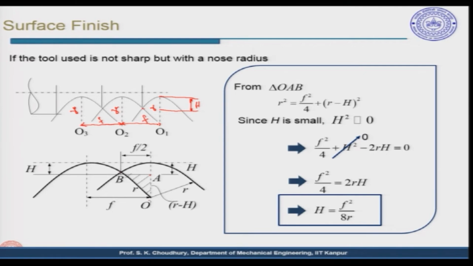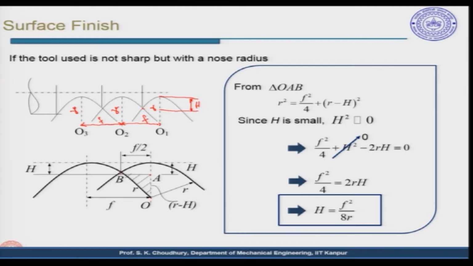So, from this triangle, this is r, which is the nose radius, and from here to here it is f, that is feed, equivalent to this as I have shown it. Therefore, this can be assumed to be f by 2, and from this equation we can get that OB square is equal to OA square plus AB square.